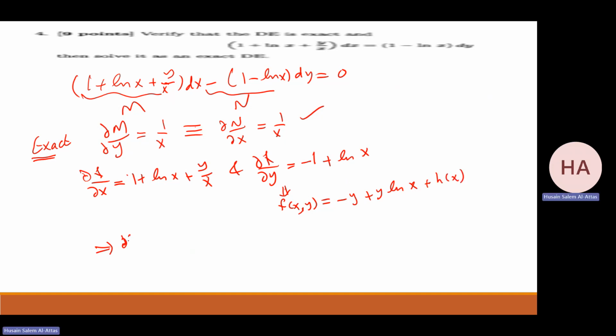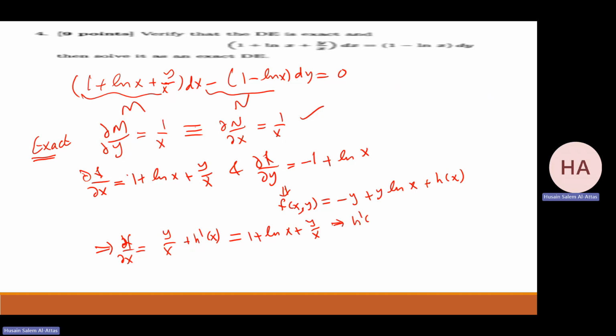So partial f with partial x will be y over x plus h prime of x, which should equal 1 plus ln x plus y over x.